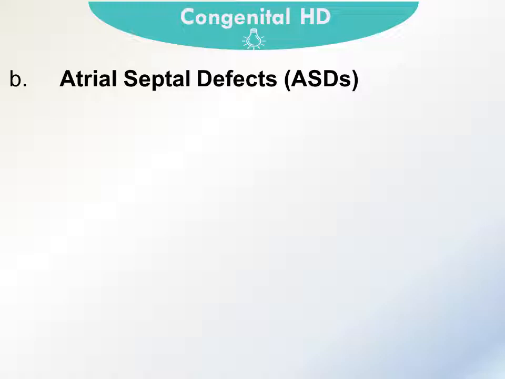Other types are ostium primum atrial septal defects, which account for about 5%, sinus venosus, either superior or inferior sinus venosus atrial septal defect, and we also have the coronary sinus defects.